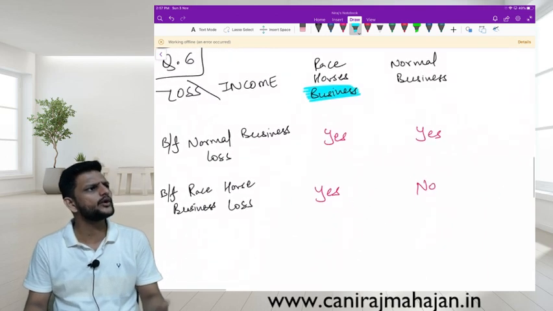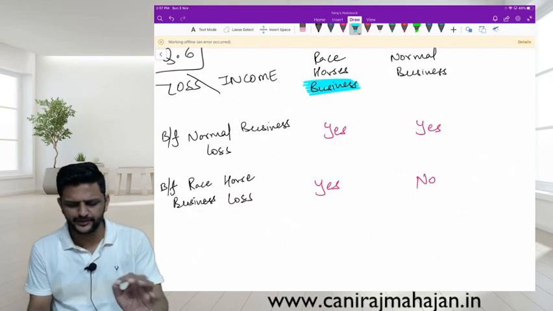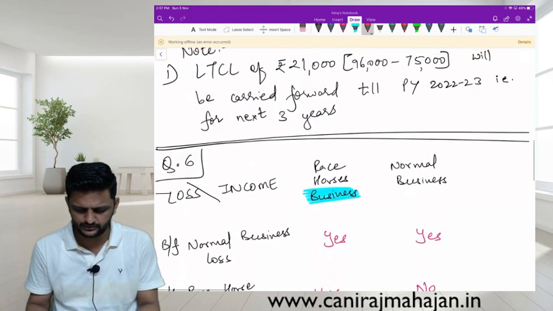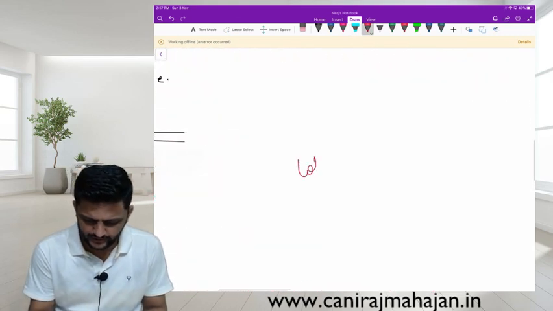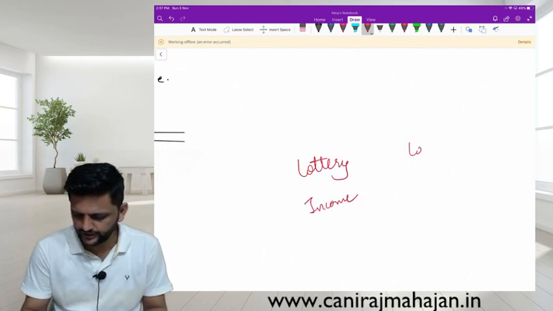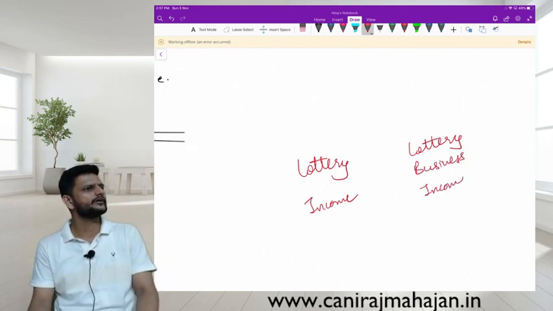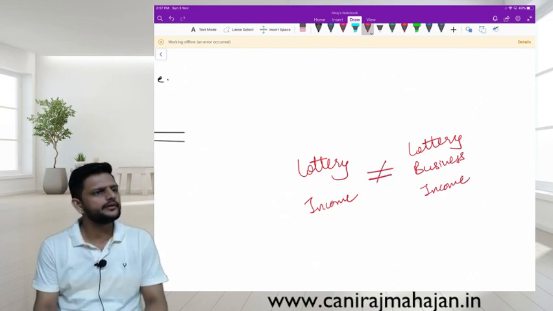See, pay attention. Again, I'll repeat. Lottery income and lottery business income, are they the same thing or different? They are obviously different.